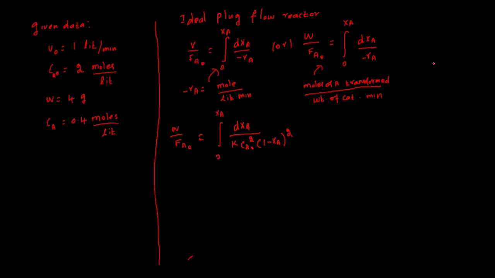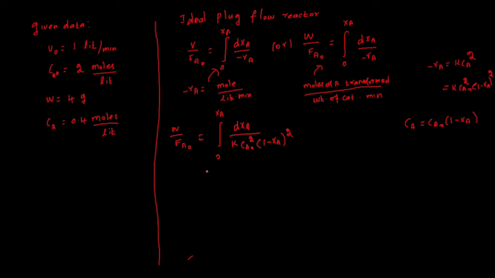Here what I have done is minus Ra, that is equal to k into Ca power 2. In terms of conversion, I can write the rate equation as k multiplied by Ca naught into 1 minus Xa power 2, where Ca is equal to Ca naught multiplied by 1 minus Xa.